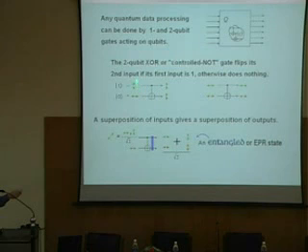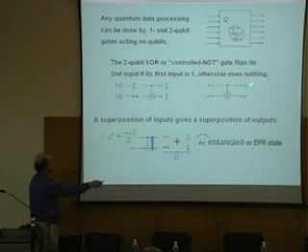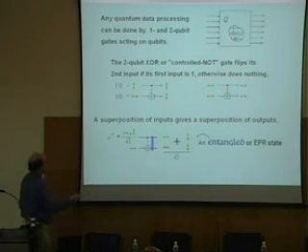If the upper one is in the vertical state, meaning it's a 1, the lower one will get rotated to the perpendicular state from whatever it was. So that's the exclusive OR, or people in quantum information call it controlled NOT. And if the upper one is in the horizontal state, nothing happens to the lower one.